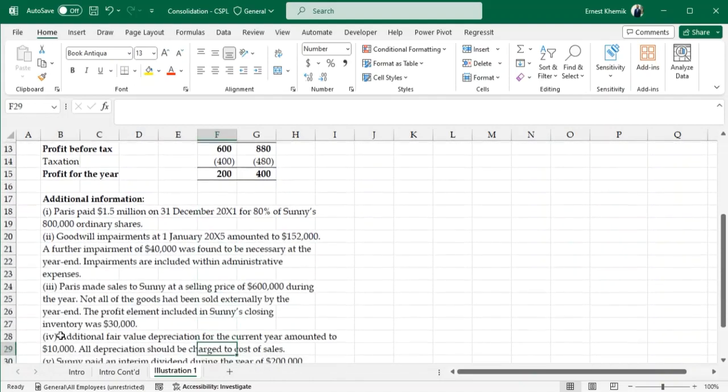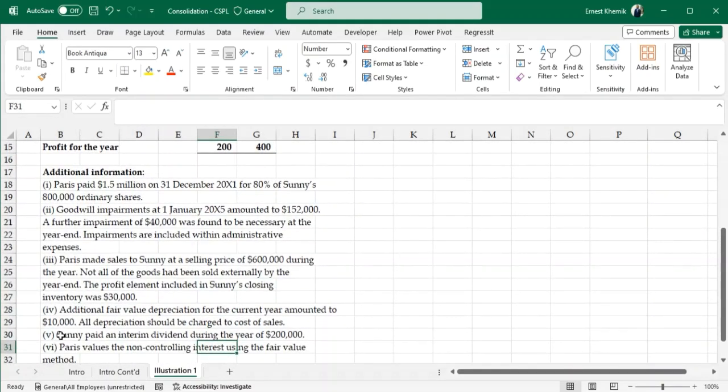We have additional information here. The first is that Paris paid 1.5 million on 31st December 20x1 for 80% of Sunny's 800,000 ordinary shares. This information will give us what we call a group structure.